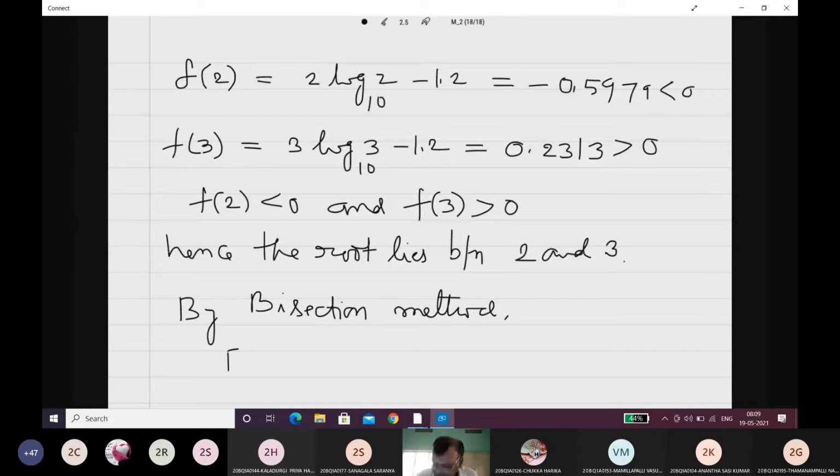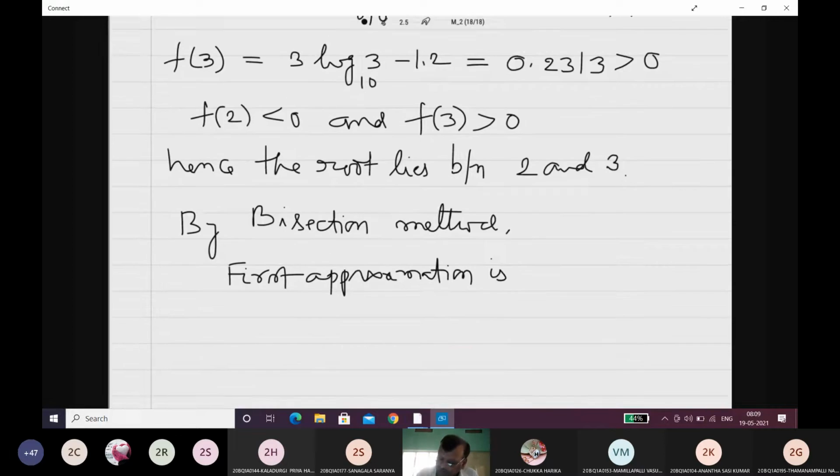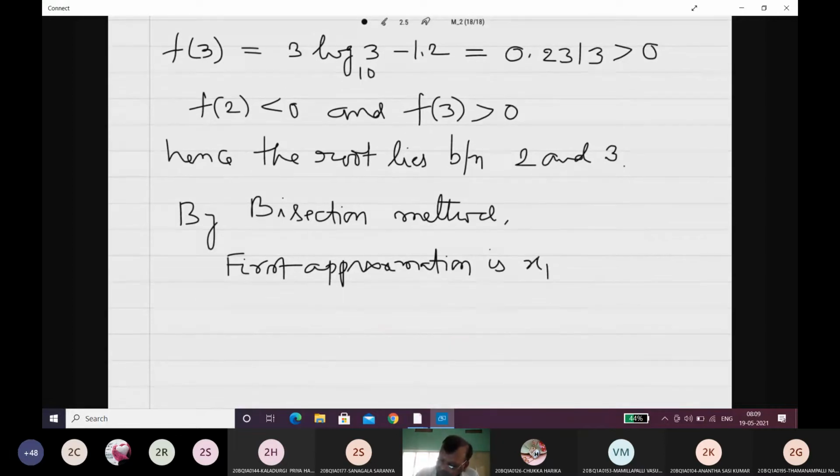Now the first approximation by bisection method is x1 is equal to a plus b by 2. Only for the first value we have to write the formula a plus b by 2.